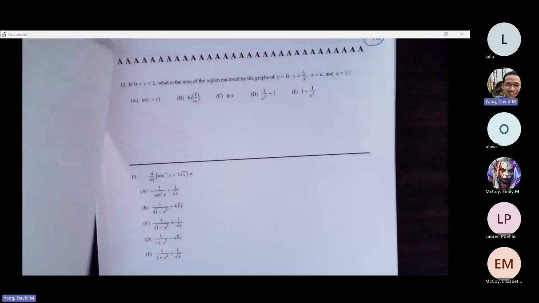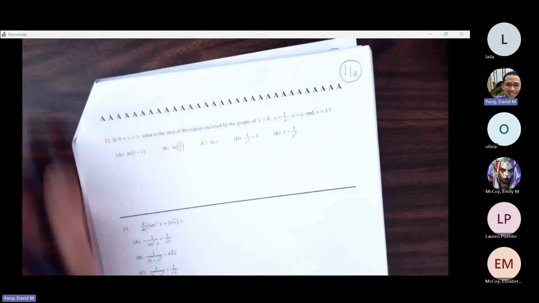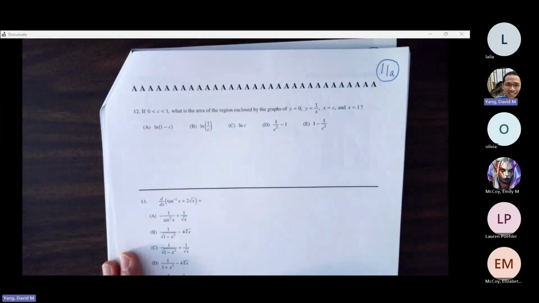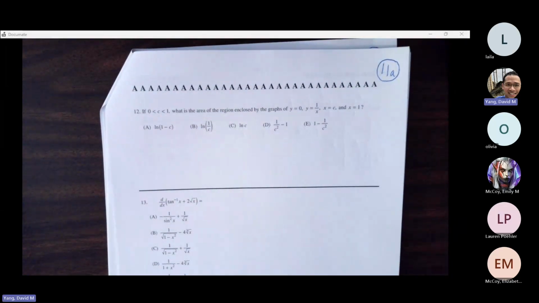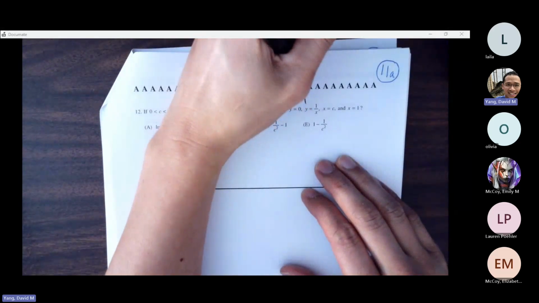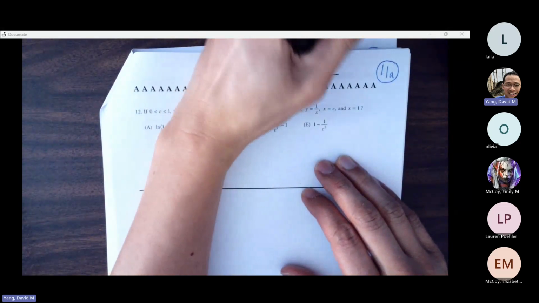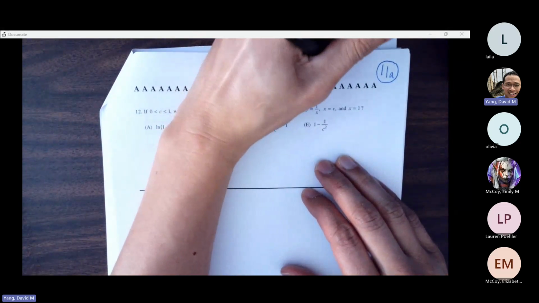Page 11, number 12. Between 0 and 1, what is the area of the region enclosed by the graph of y equals 0, y equals 1 over x, and x equals 1? So understand that this rational function, y equals 1 over x, kind of has this shape about it.